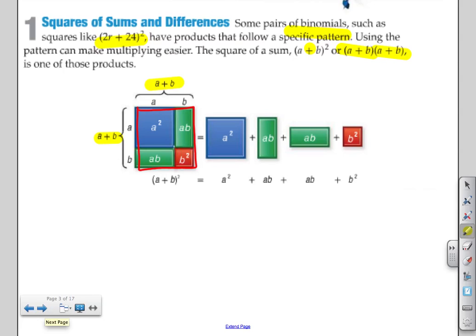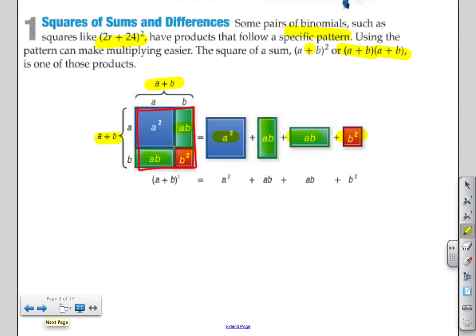And if I wanted to find the area of that, I would be squaring that, okay? So I'd have a squared plus an ab here and an ab here, and I'd have b squared.